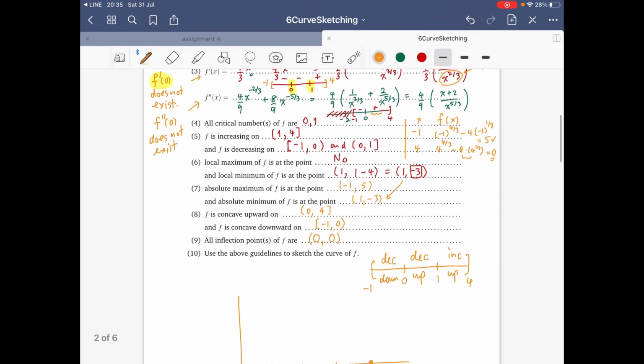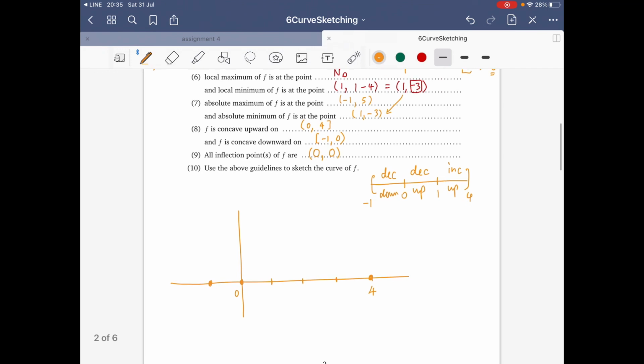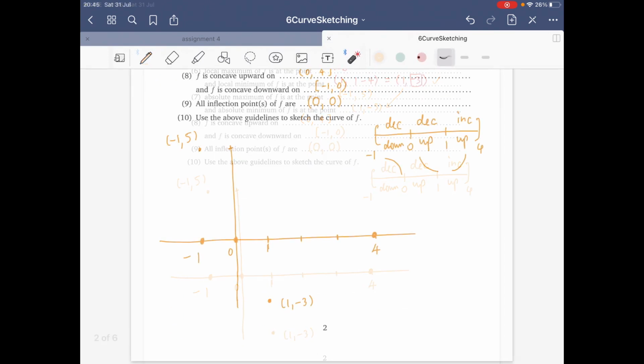We know that if x is 1, y is -3, so let's say it's here. And if x is -1, y is 5. And if x is 4, y is 0, over there.